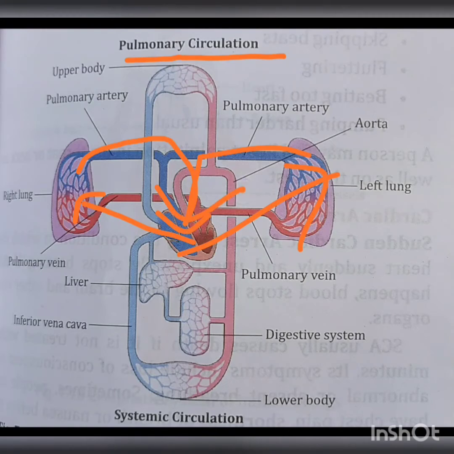The deoxygenated blood returning from the upper and lower body first enters the heart from the superior vena cava and the inferior vena cava. The deoxygenated blood enters the right atrium and is pumped through the tricuspid valve into the right ventricle.